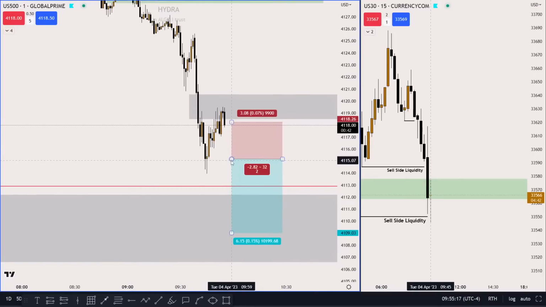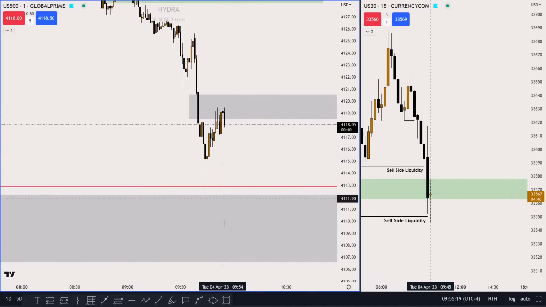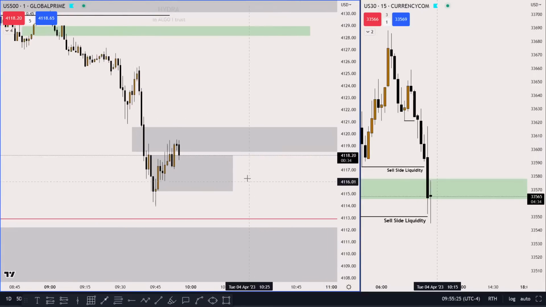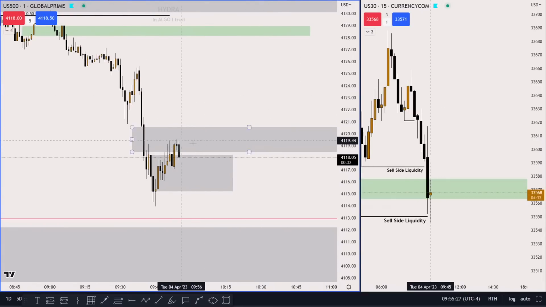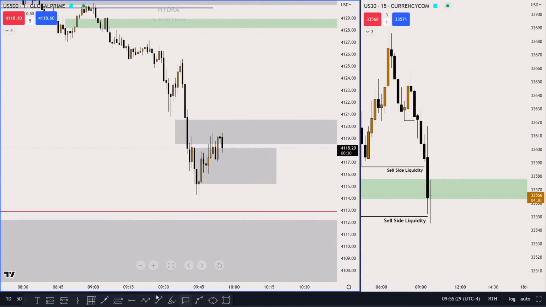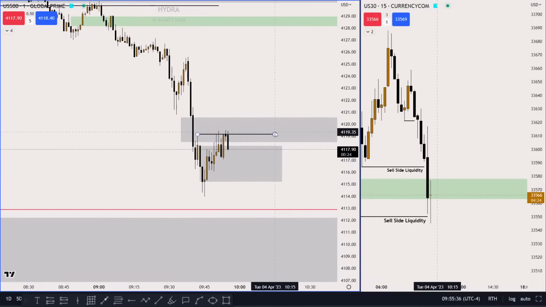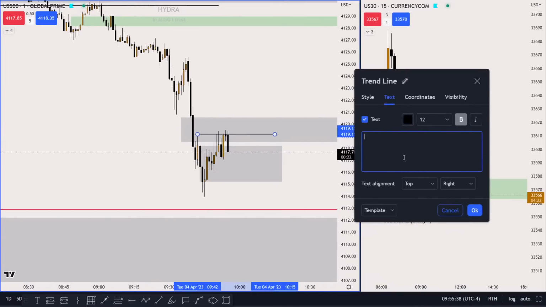Let's wait and see what price does. It's inside of our macro zone, so that's the reason I'm outlining. And we are also inside of a 5-minute fair value gap. Do you guys remember? I showed you. And we did a stop hunt right here, right? That's a stop hunt.